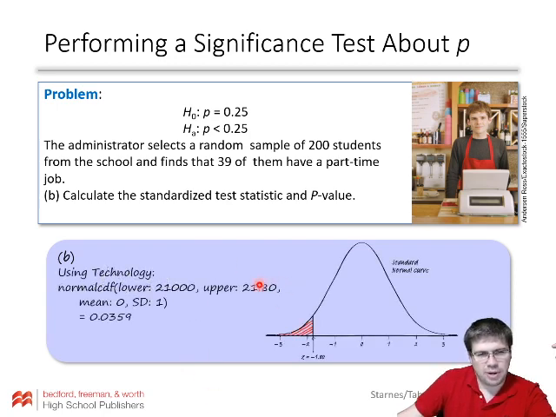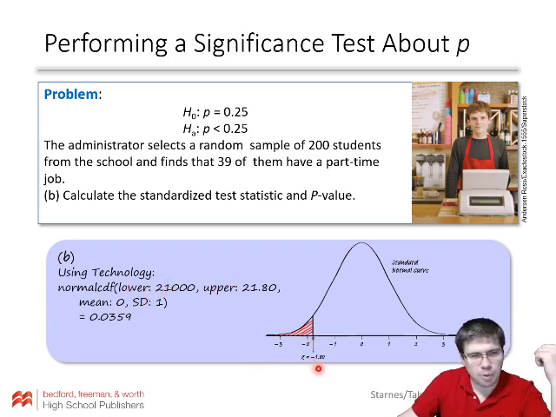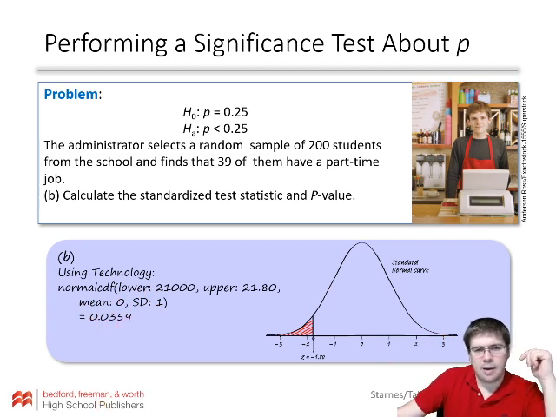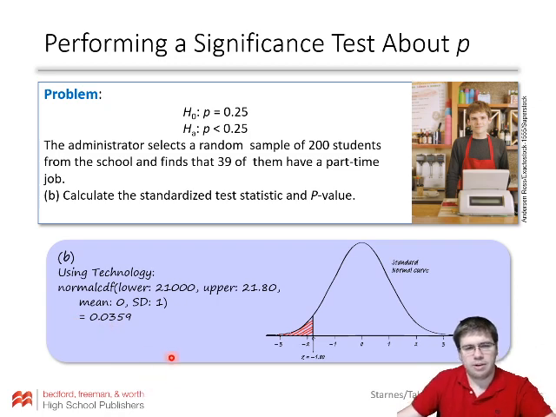So negative 1.8 was what that one should be. I think they did positives instead of negatives. So it should be, they went negative 1,000 up to negative 1.8, but I do negative 1e99 up to negative 1.8, there's that number, with mean 0 and standard deviation 1 since it's a standardized normal curve, and you get a value of 0.0359 for our p-value.